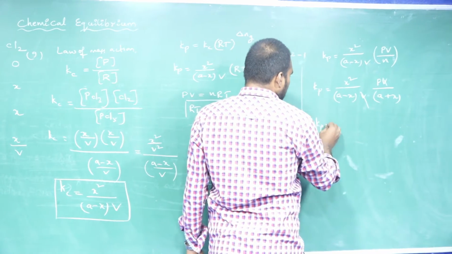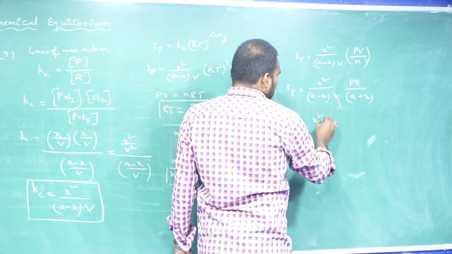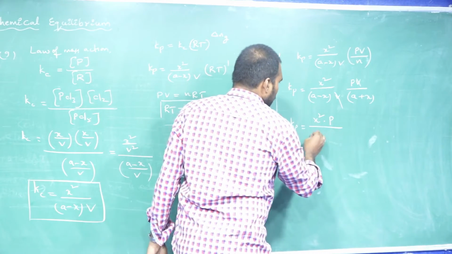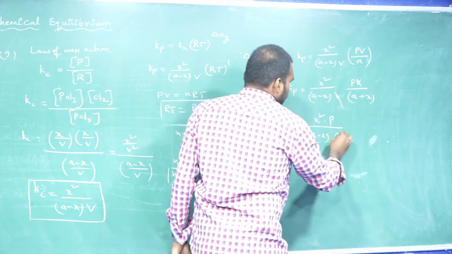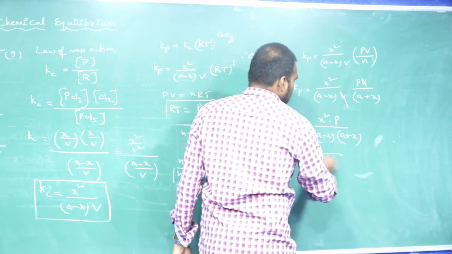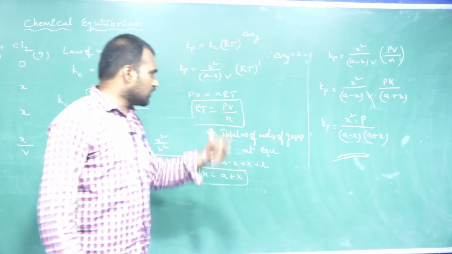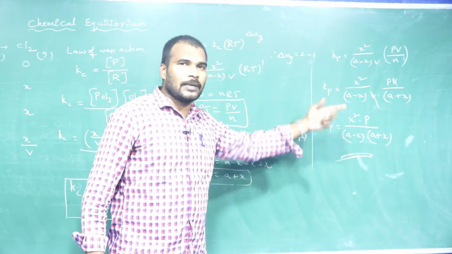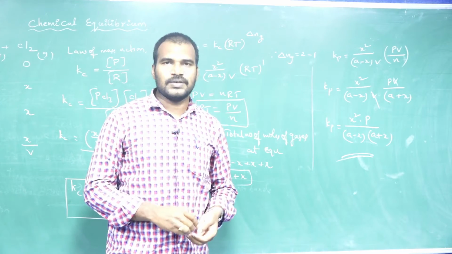Remaining is Kp is equal to X square into P by (A minus X) into (A plus X).